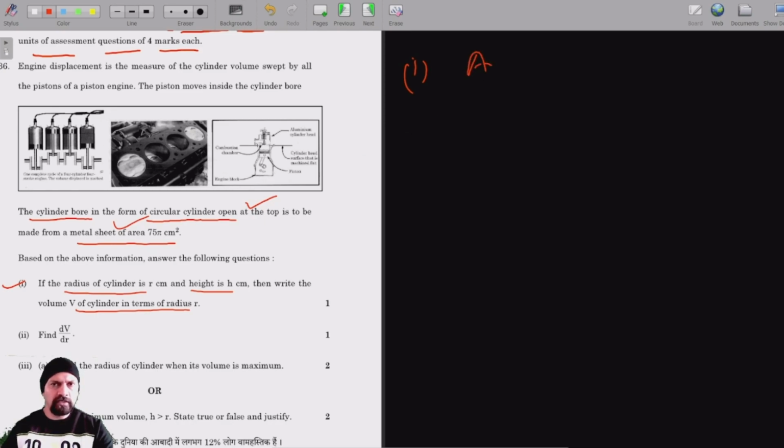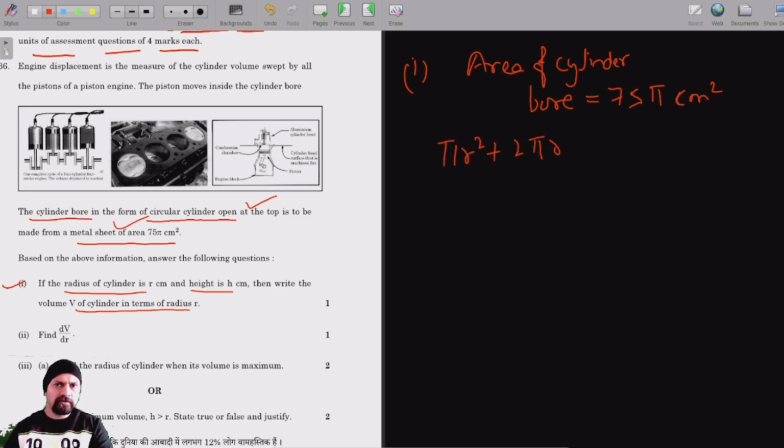So it's given that the area of the cylinder bore, which is open at the top, is 75 pi centimeter square. Open at the top means it's the base area plus curved surface area, which is equal to 75 pi.